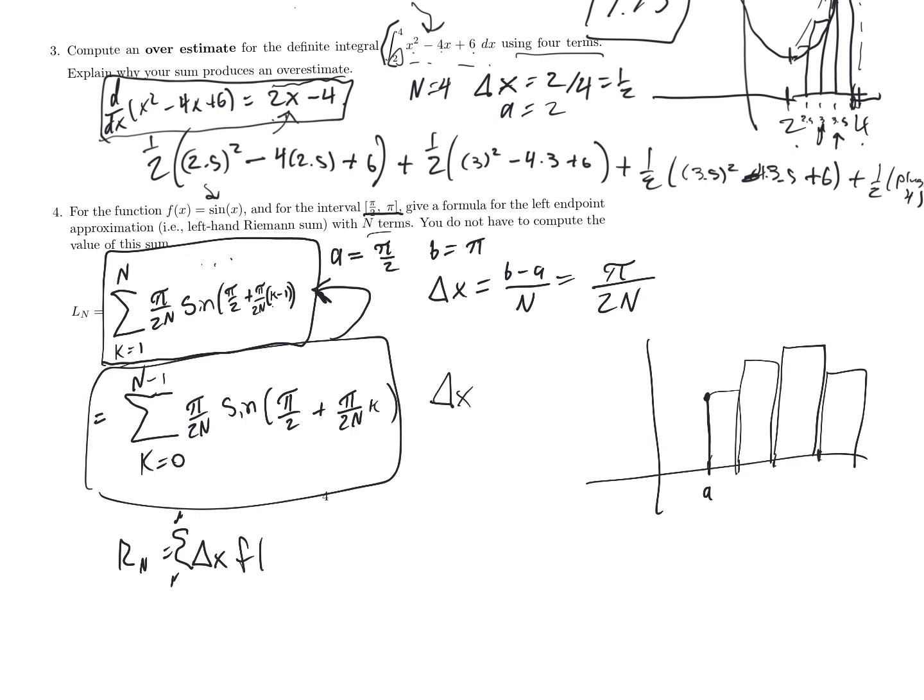We go to n, we start at k equals 1, f of a plus k delta x. Okay, a left-hand rule, what's the difference? Almost no difference. k equals 1 to n, delta x, f of a plus delta x, but what's the delta x multiplied by this time? k minus 1.